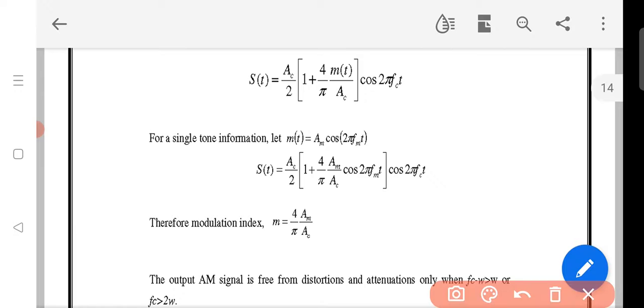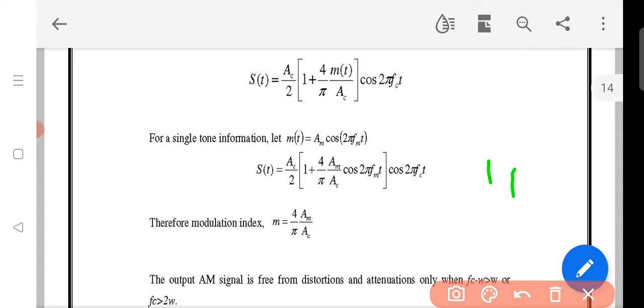You just remember a single tone information also. We discussed frequency division multiplexing. In that multiplexing, different signals are passed through a single channel with a difference of frequency.